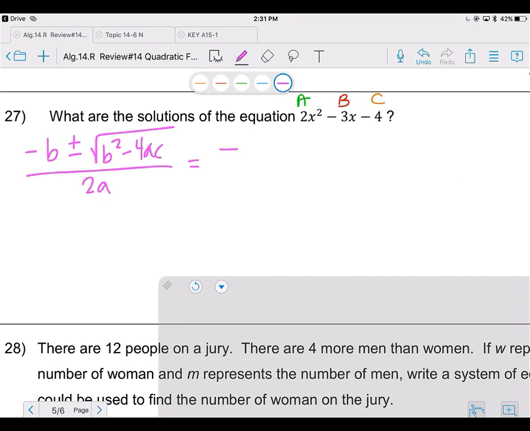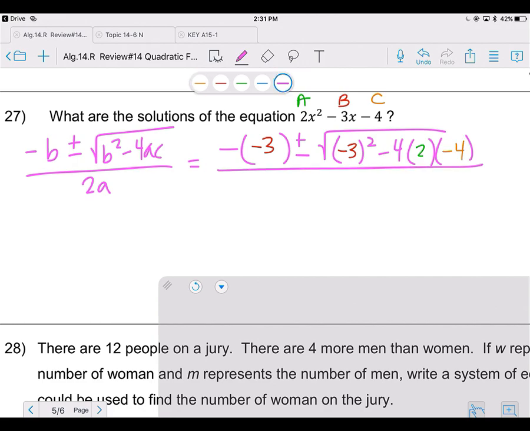So negative B, which is -3, plus or minus the square root of B, which is -3, squared, minus 4, A, which is 2, C, which is -4, all over 2 times A, which is 2.